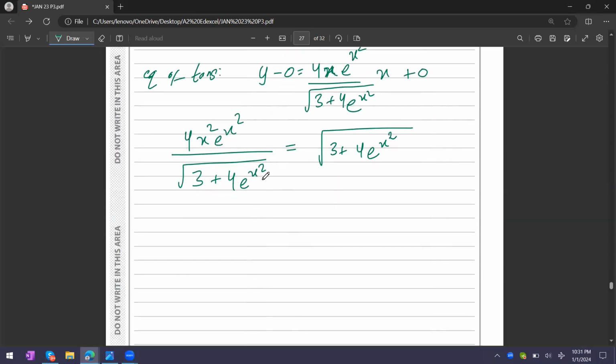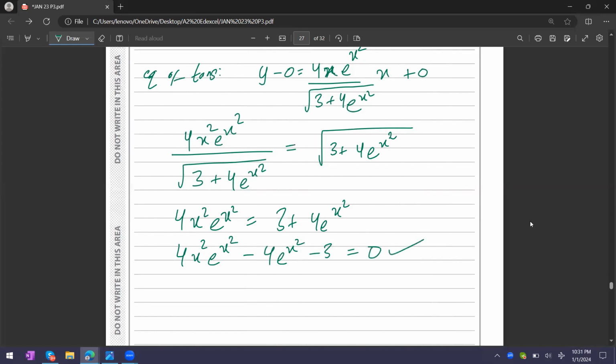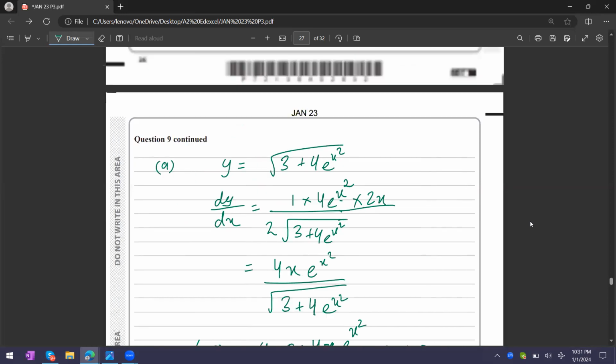It's very easy actually from here. This root is going there, so the root will cancel. This root cancelled is just 3 plus 4 e raised to power x square. Bring it here and you have got the answer: 4 e raised to power x square minus 3 is equal to 0. This is what they wanted.